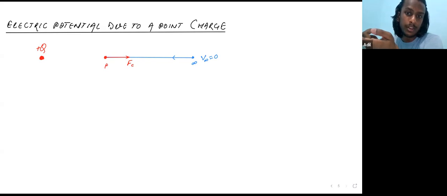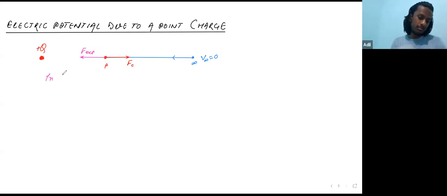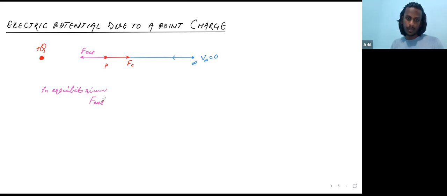Because if it is comparable to the FC, then we can say that FC and your F external are equal, and then we can say in equilibrium, F external is minus of F of C. Are you clear?